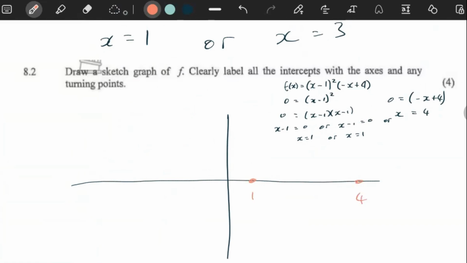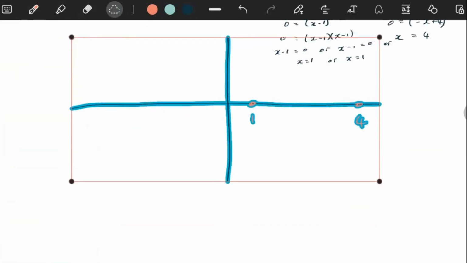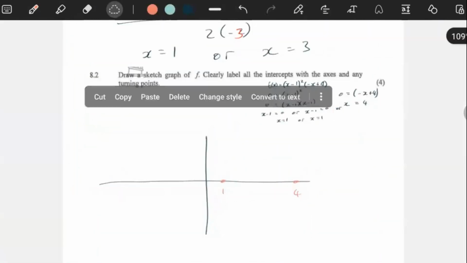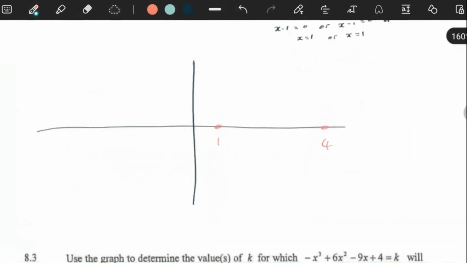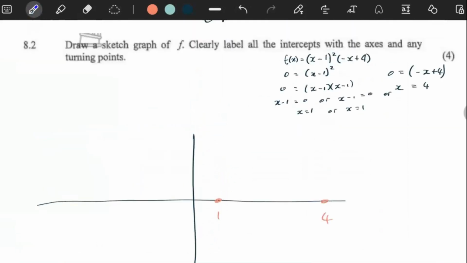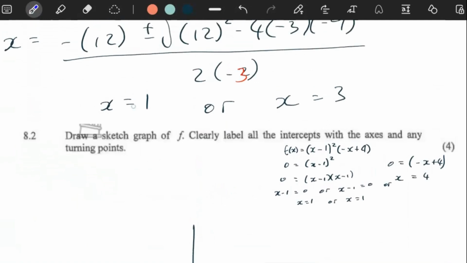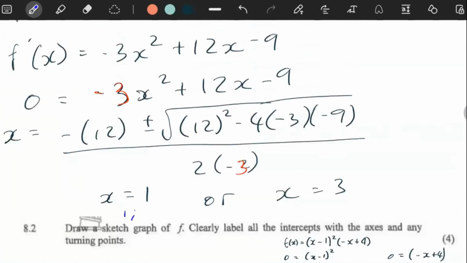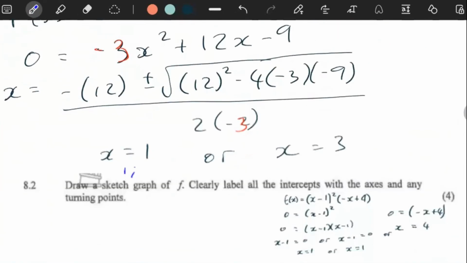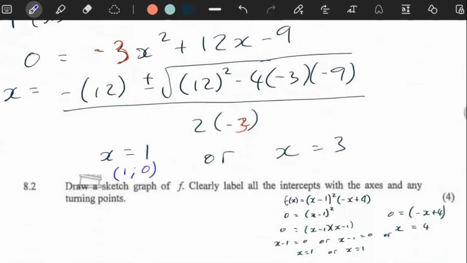have x-intercepts. Now, the way this is laid out, you need to remember that your graph of f has turning points at 1 coordinate 0 and 3 coordinate 4.